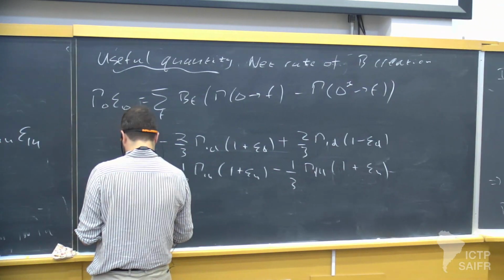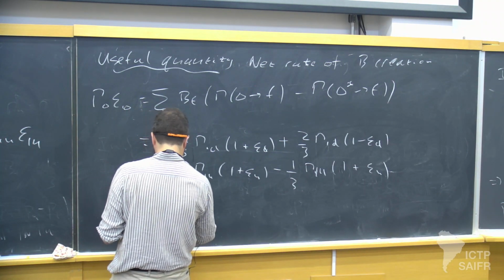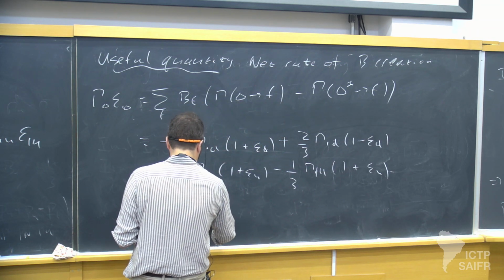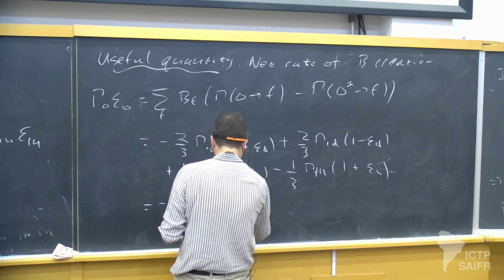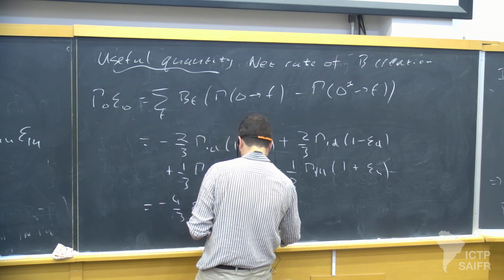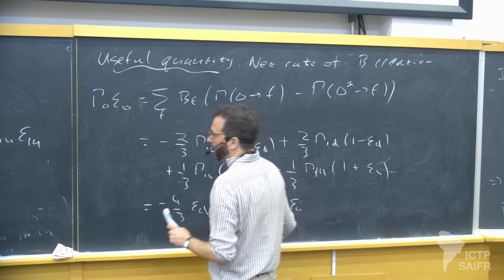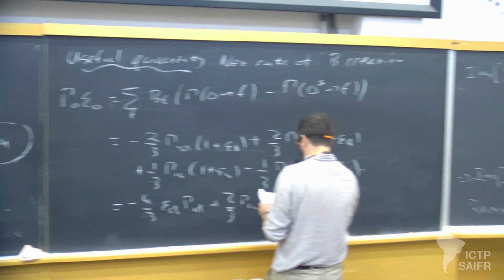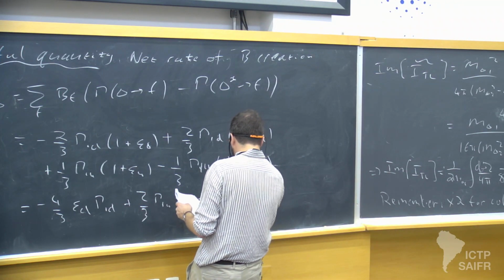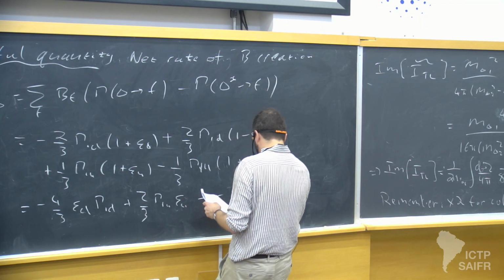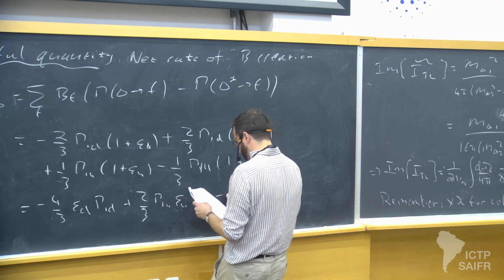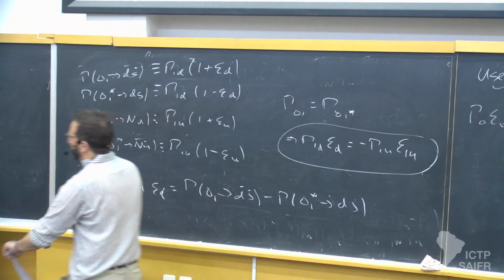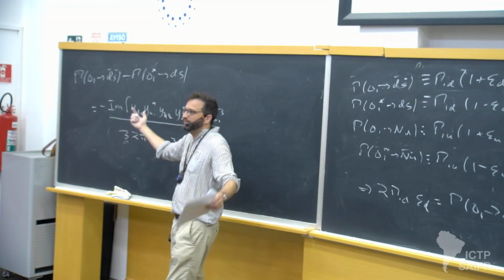And this becomes negative 4/3 epsilon d gamma 1d plus 2/3 gamma 1u epsilon u, and then use this relation here, and you see that this is exactly negative epsilon d gamma 1d times 2, which is just what we calculated over here, but with a minus sign, yeah?